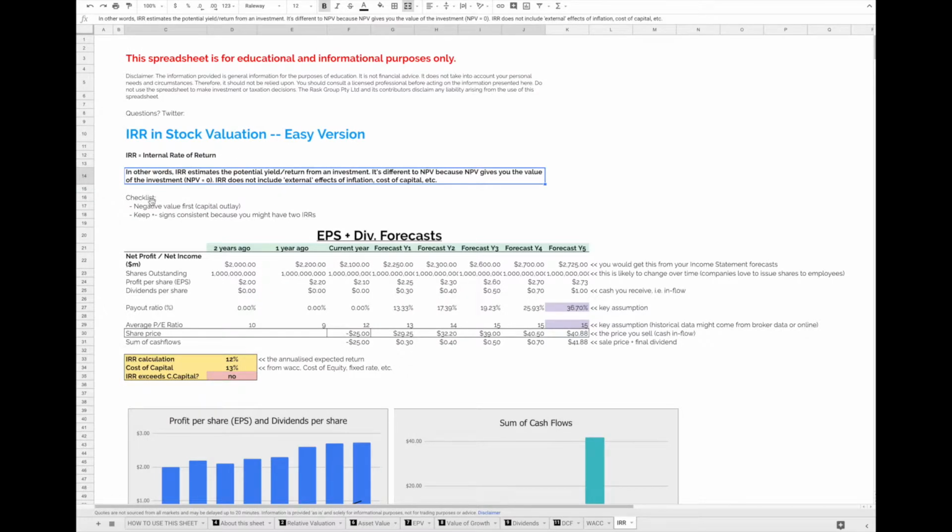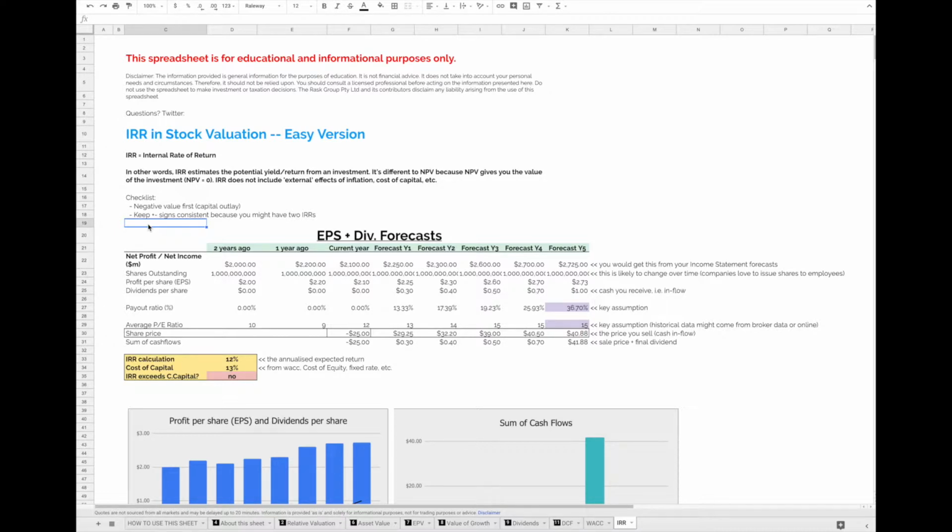Anyway, so what is a checklist? What's a quick checklist for making sure you got this calculation right? Remember that a negative value should be first, so you should be using a negative value to indicate that you are outlaying capital to make an investment when you're using IRR. And keep an eye on the signs that you use, so the cash flows, whether they're cash inflows or cash outflows.